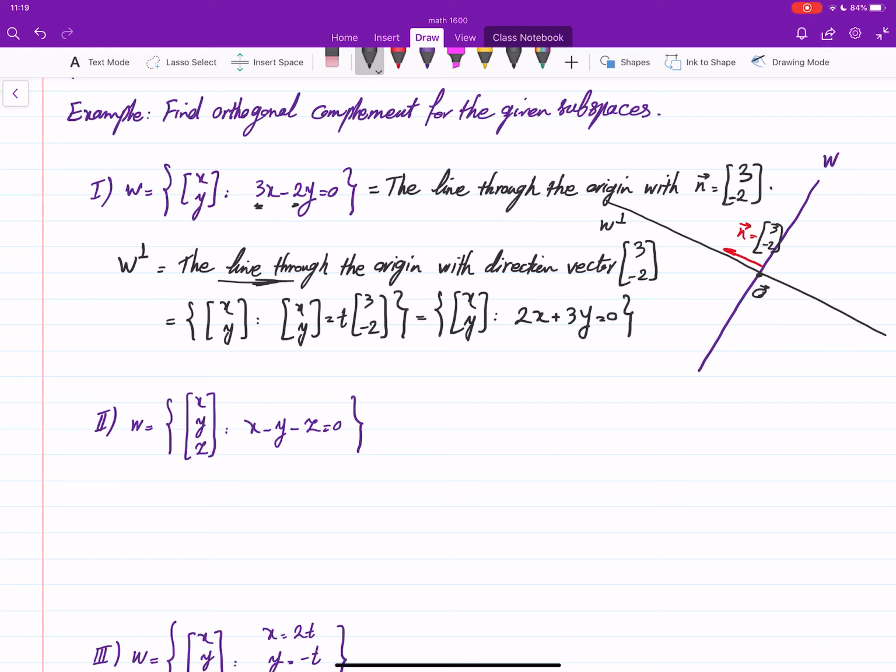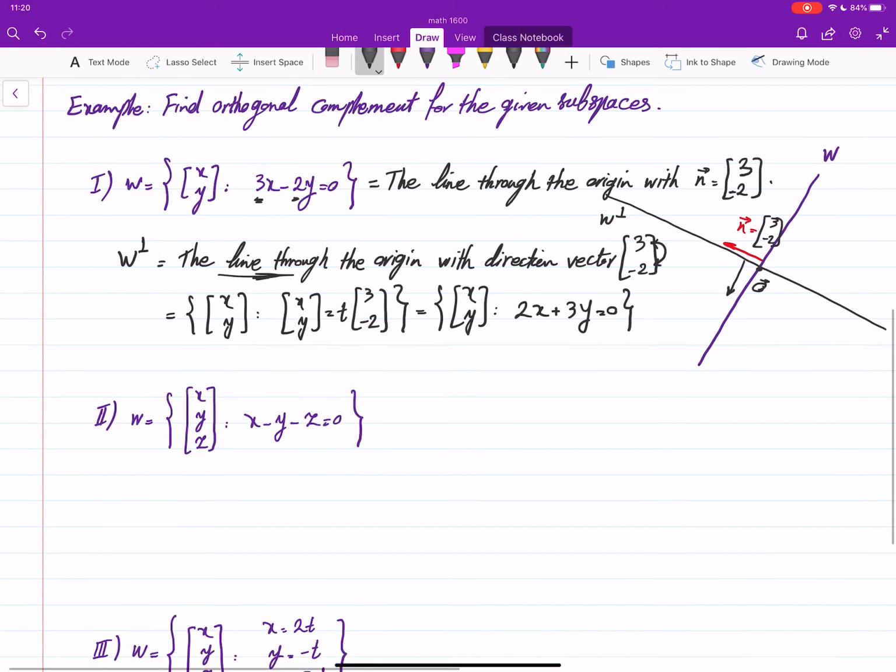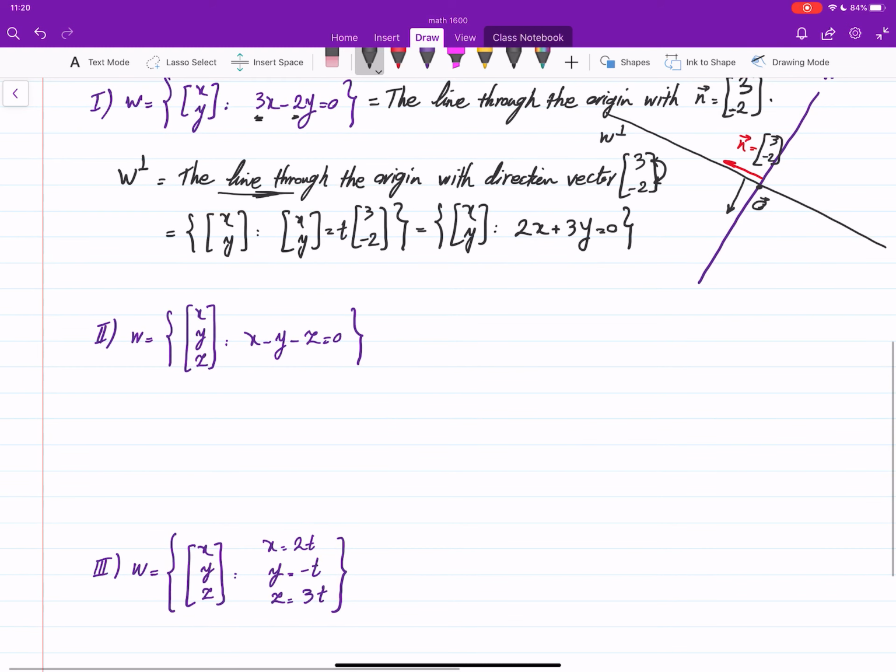Where did I get (2, 3)? Remember, if you have a vector and you want to find another vector in R2 which is orthogonal to that, you switch the entries and multiply one of the entries by a negative sign. So in this case, I switched to 2 and 3, and multiplied the first component by a negative sign. That's nice. At least geometrically we can see what W perp is here.